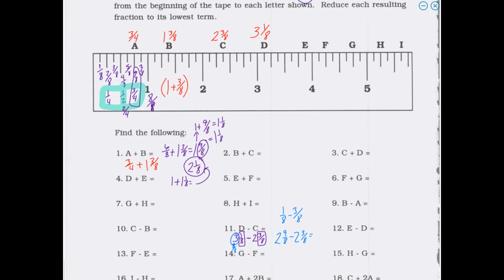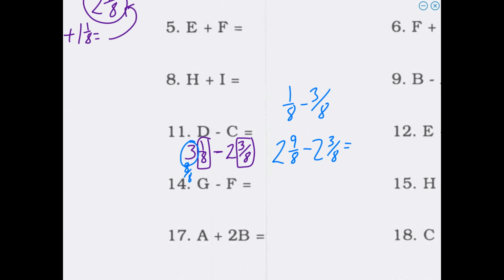Because a whole 1 is 8/8, I need to borrow 1 from this 3. I need to borrow it in sections of 8 so that I can take 3 of them. But where does the 9/8 come from?